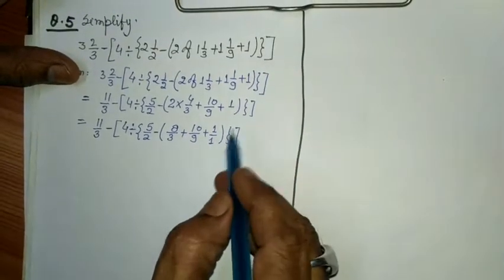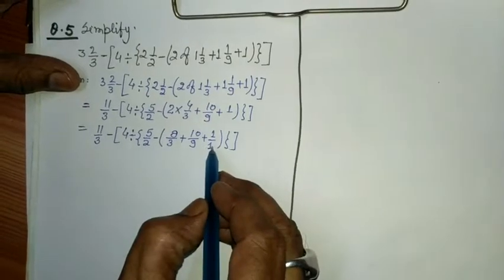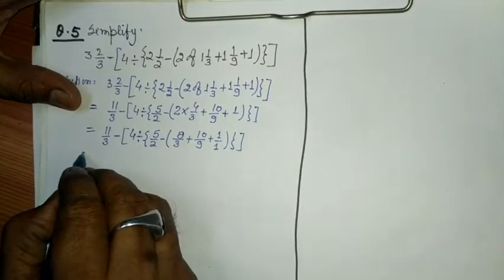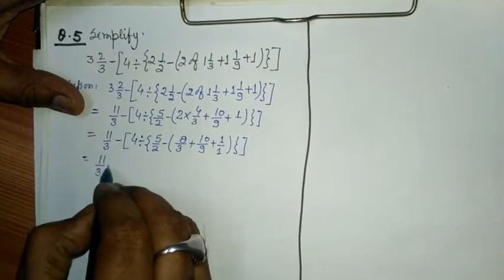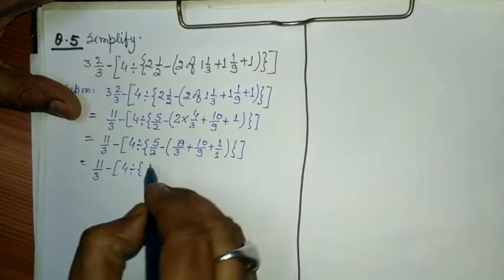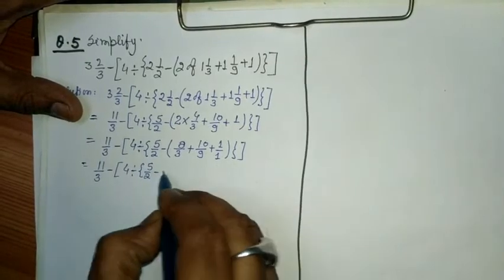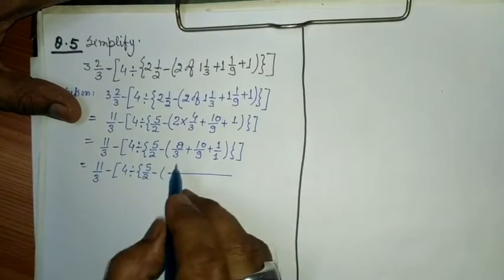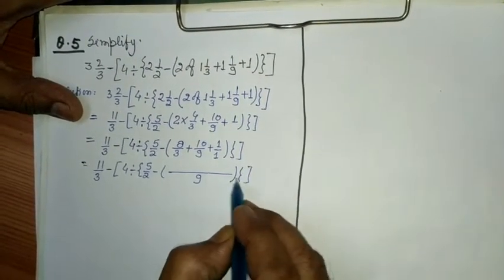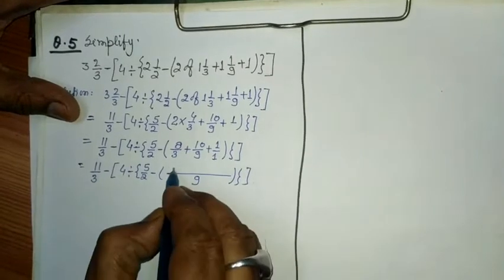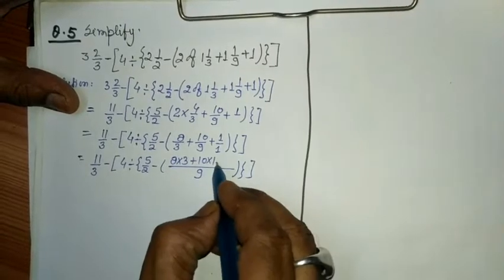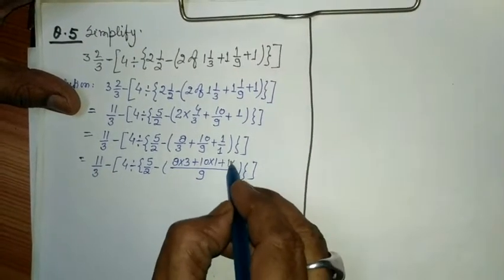Now first we solve the round bracket by taking the LCM of the denominator. Equal to 11 upon 3 minus big bracket 4 divide curly bracket 5 upon 2 minus, LCM of 3 and 9 is 9. 3 threes are 9, that is 8 into 3 plus 10 into 1 plus 1 nines are 9, 1 into 9.